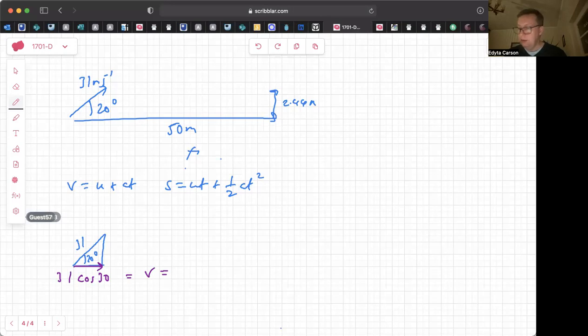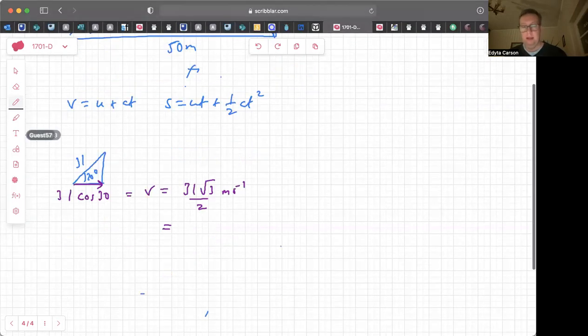So cos 30 is root 3 over 2, so it's 31 root 3 over 2 meters per second, which, let's change that to a decimal. So just a quick calculation, 31 times root 3 over 2. Again, notice the nice number, cos 30, so you kind of expected to know these without having to use a calculator.